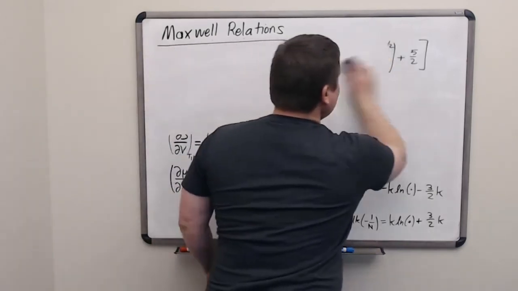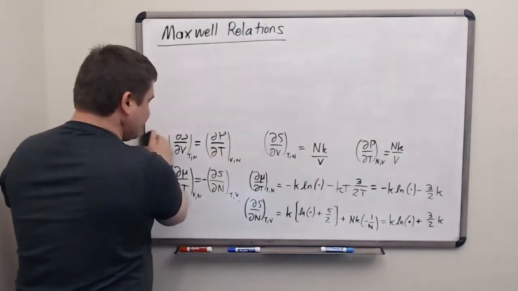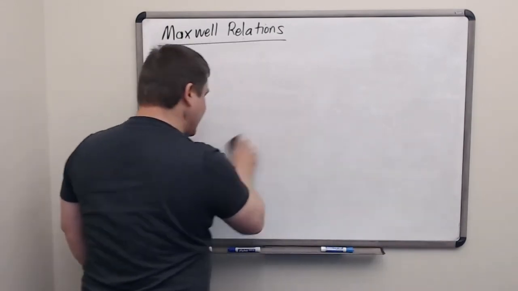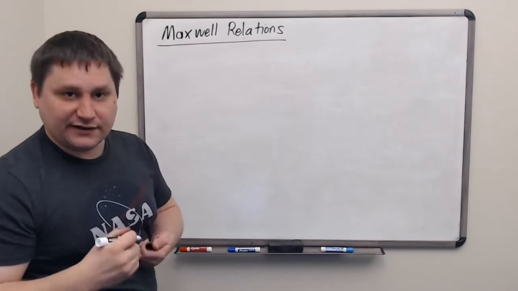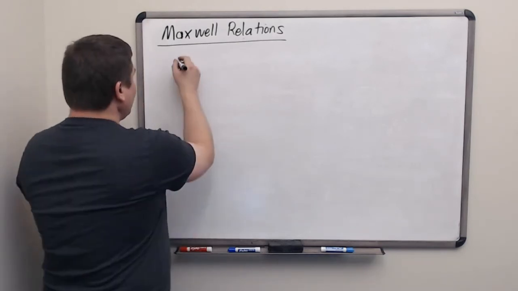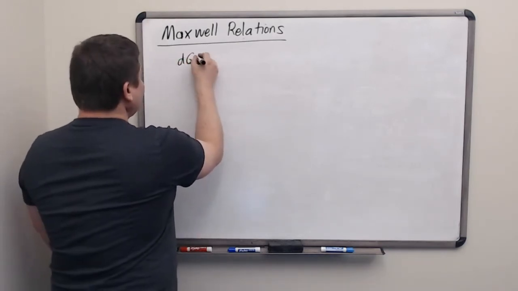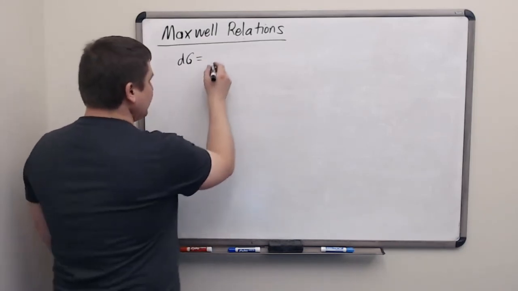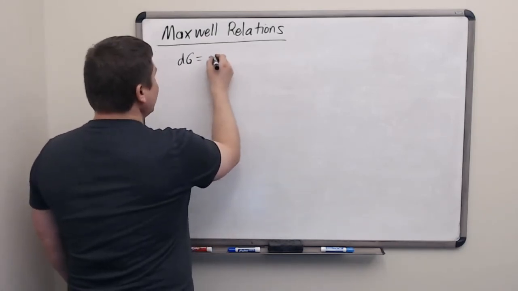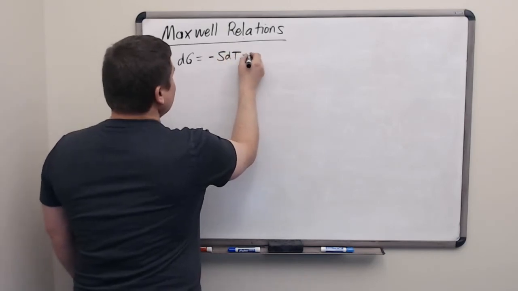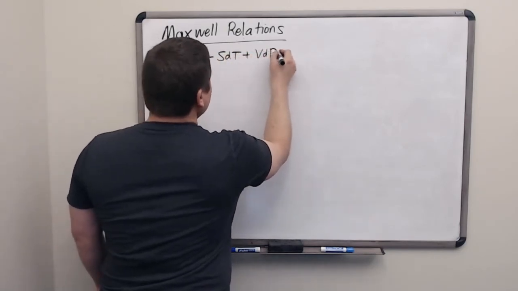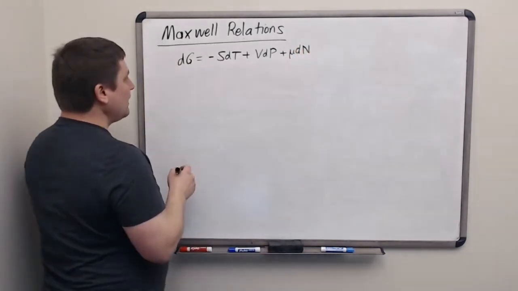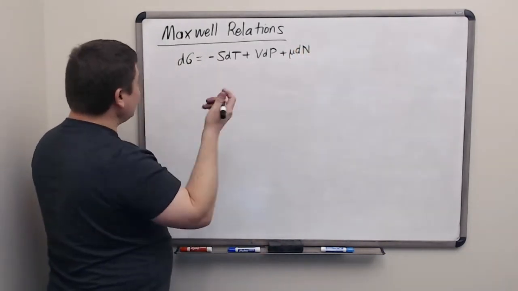Now there's one more thing we can learn from the Maxwell relationships, and it has to do with how variables are extensive or intensive. Let's write out a Maxwell relationship for the Gibbs free energy quickly. dG is minus S dT plus V dP plus mu dN. I just chose Gibbs free energy for fun.